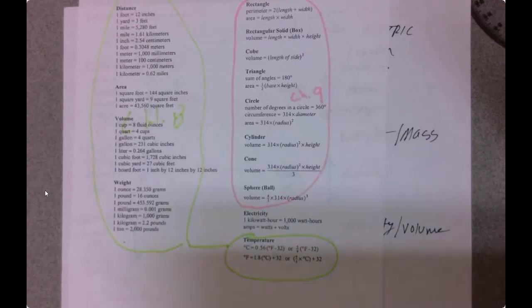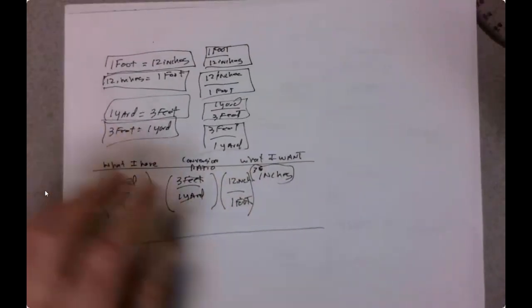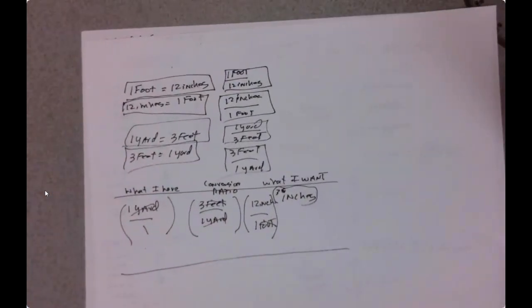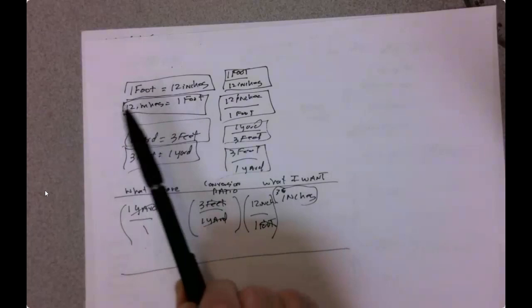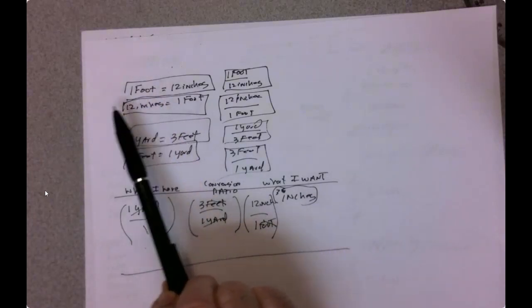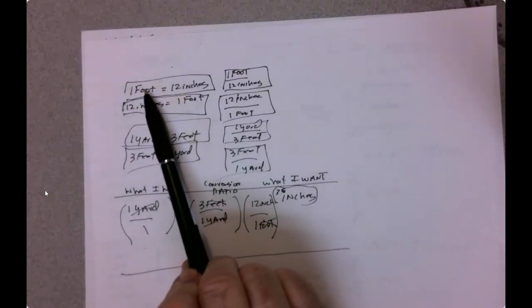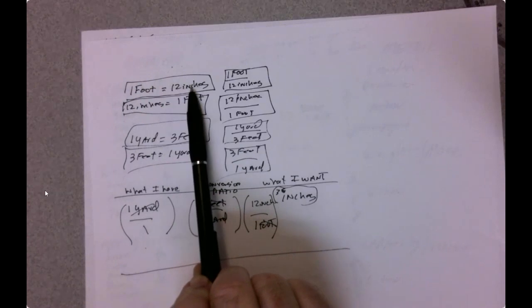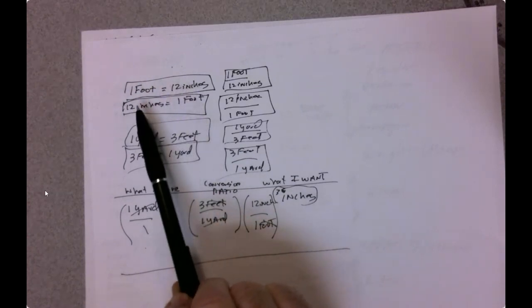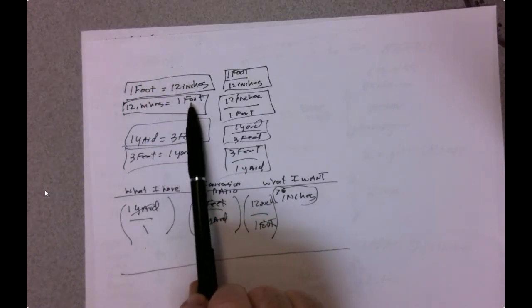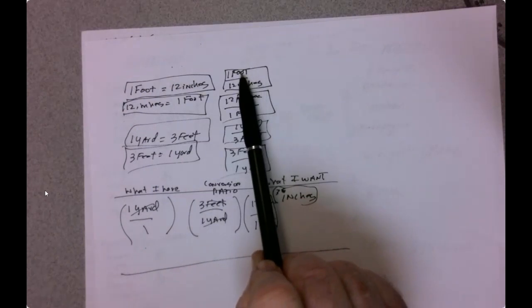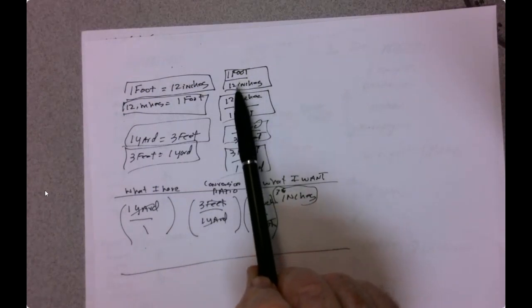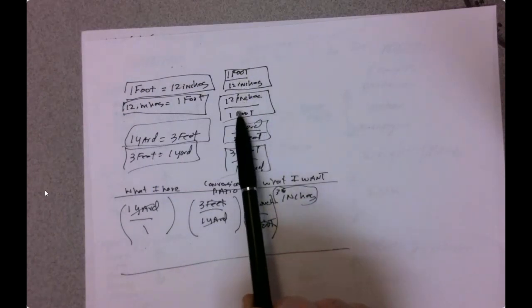The other idea that we discussed was how do you do unit conversions? The key idea is that you take a conversion factor, i.e. a statement of 1 foot equals 12 inches, for example, which is the same as 12 inches equals 1 foot, which both are the same as 1 foot to 12 inches, 12 inches to 1 foot.